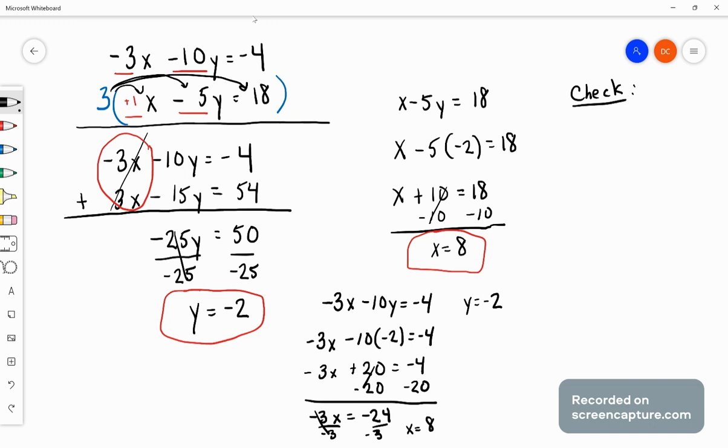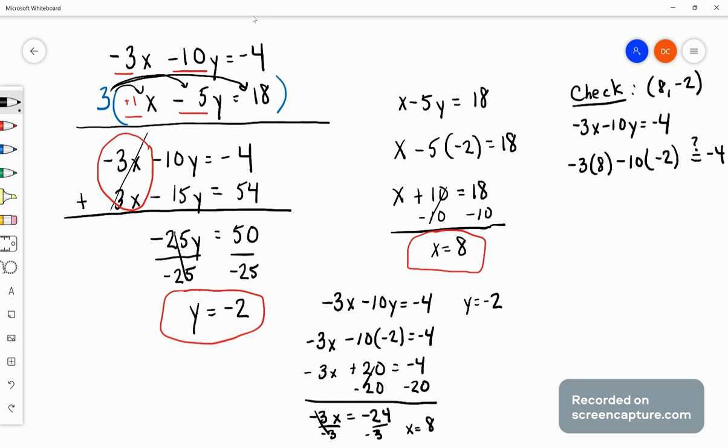Okay, now we're going to check. So negative 3x minus 10y equals negative 4. Our solution is 8, negative 2. So negative 3 times 8 minus 10 times negative 2. Does that equal negative 4? Well, let's check.